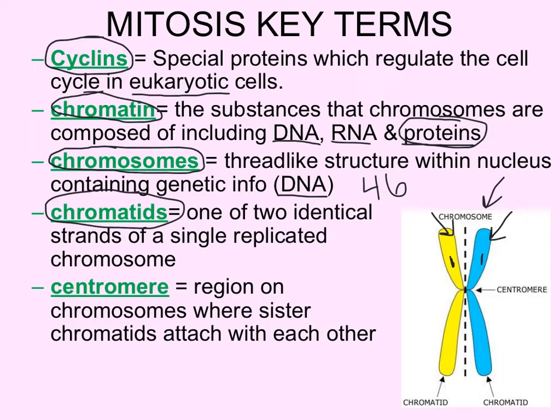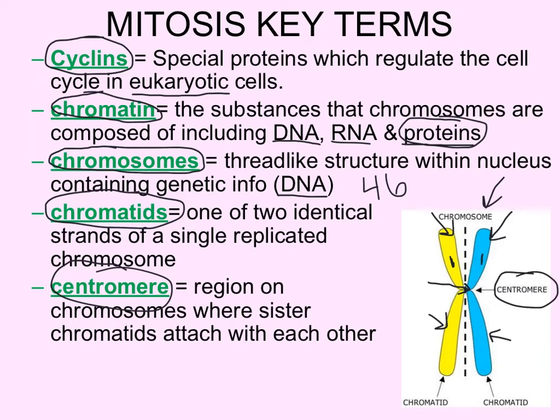These are exactly the same. Each arm on this chromosome, these are called sister chromatids. Now, the crazy thing is, they're attached here in the center at a place called the centromere.